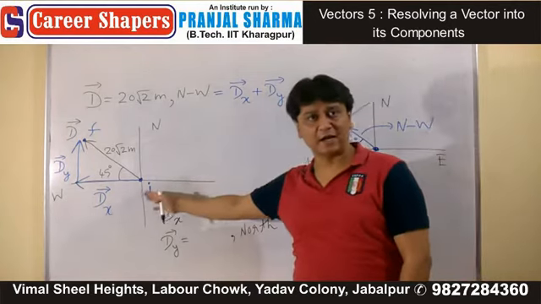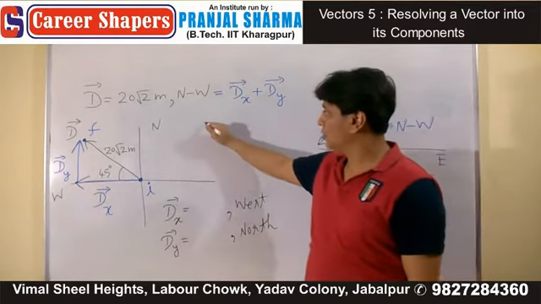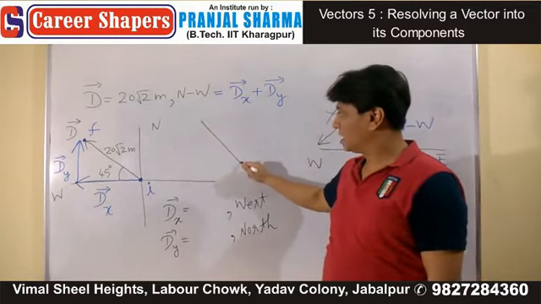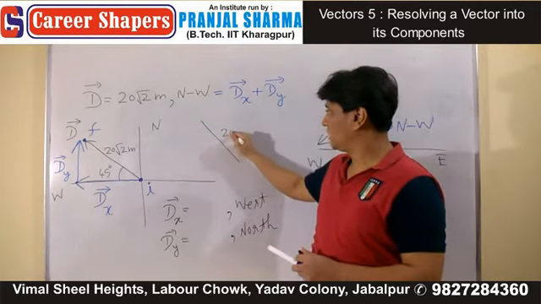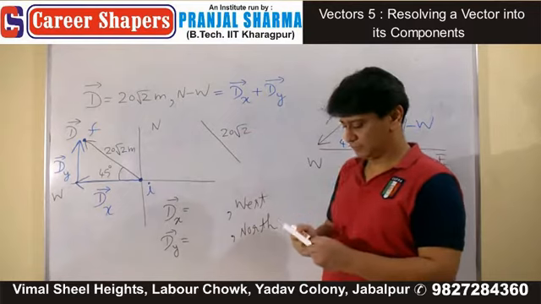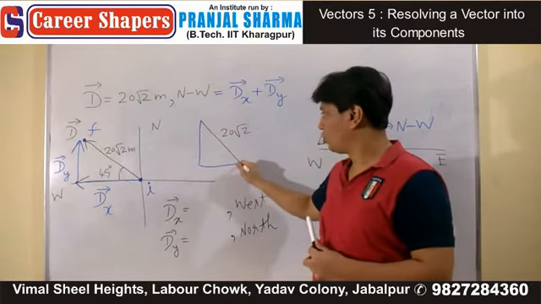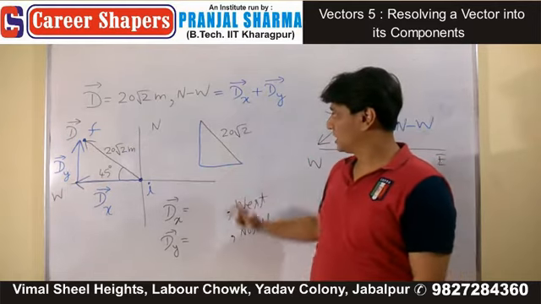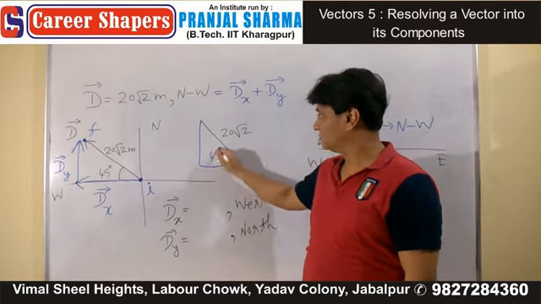We can do it directly, we'll do that also, but just so that you get command over the whole thing. We have a triangle like this. This length is 20 root 2. We have two arms shown in blue. This angle is 45 degrees.